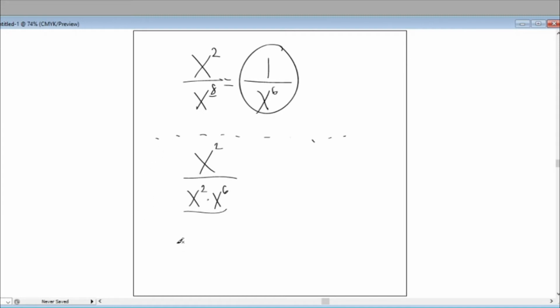Just like if we were canceling things out when we're multiplying, if we remember back to there, we would say that this is now just gone because it matches up with this. Well, what we're doing there is we're saying this is divided by this. This is one thing divided by itself, and anything divided by itself is always going to be 1. And that's where our 1 comes from.